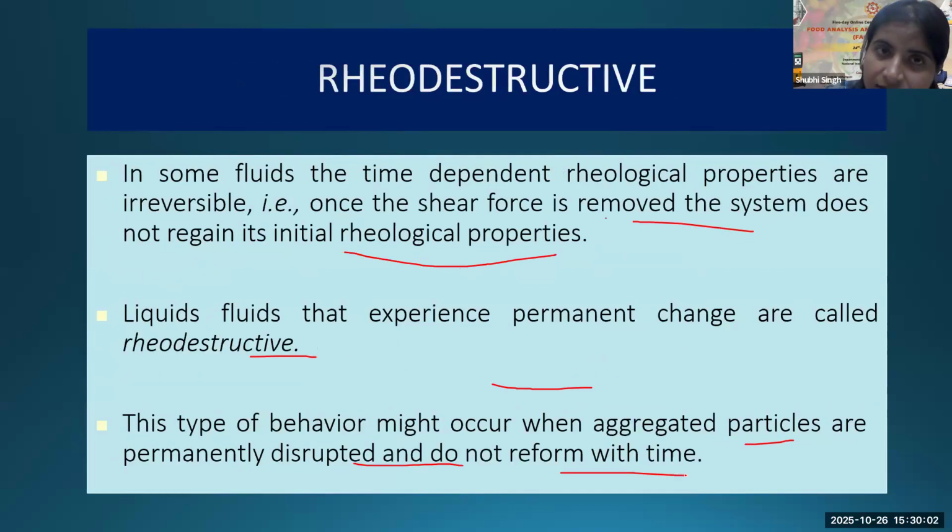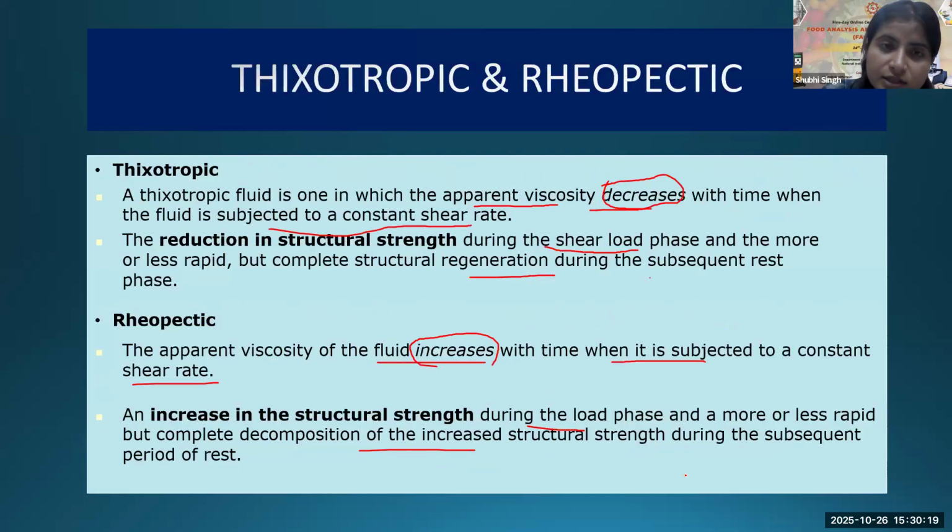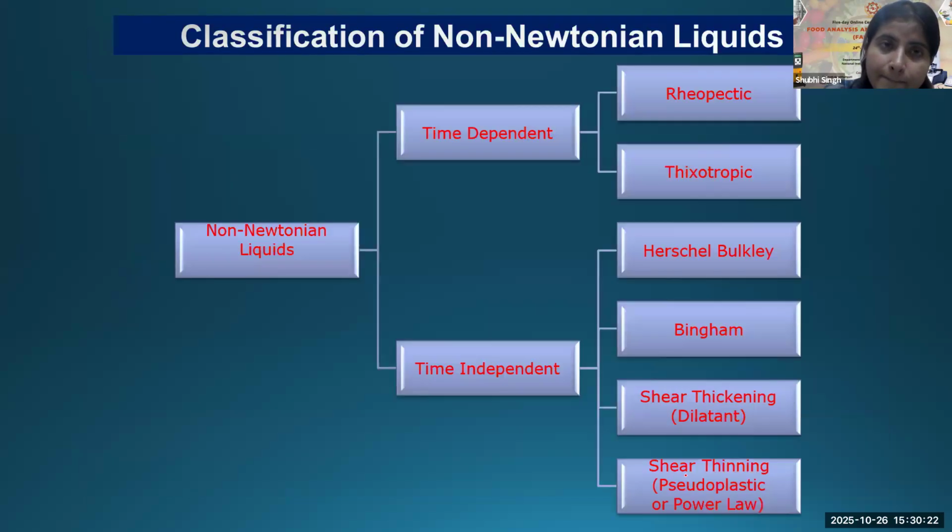But in rheodestructive liquids, they will not regain their initial rheological properties, and they will experience a permanent change. And this is the difference between rheodestructive liquids and thixotropic and rheopectic liquids.